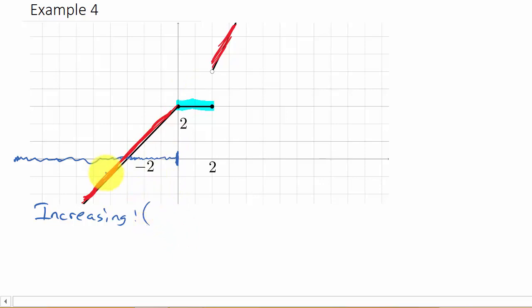So first, let's state where it starts increasing. Well, it starts increasing out here at this x value of negative infinity, and then it stops increasing, just like we said earlier. It stops increasing here at x equal 0. Okay. Now, look, it picks up again here and starts increasing. Okay.